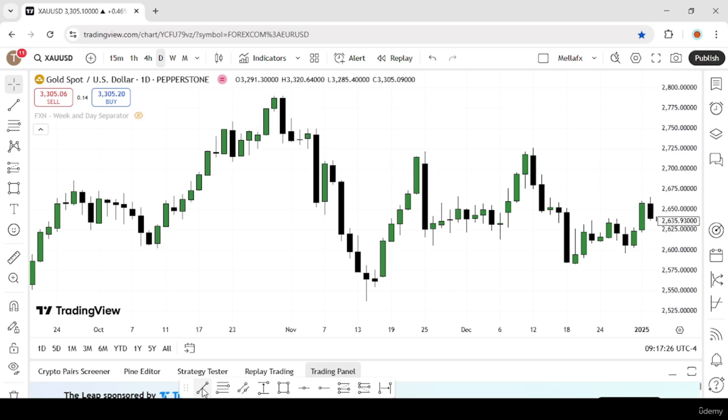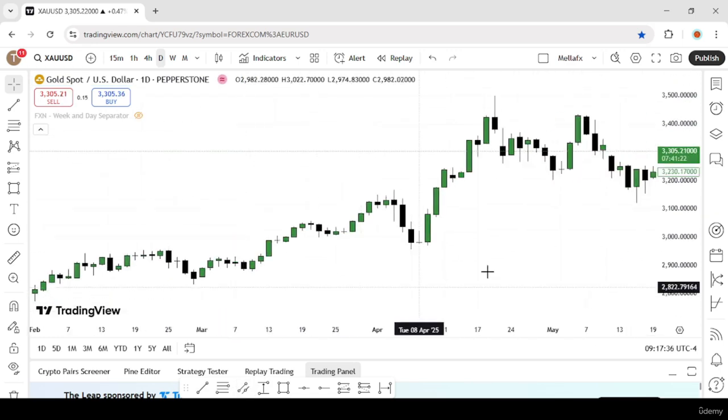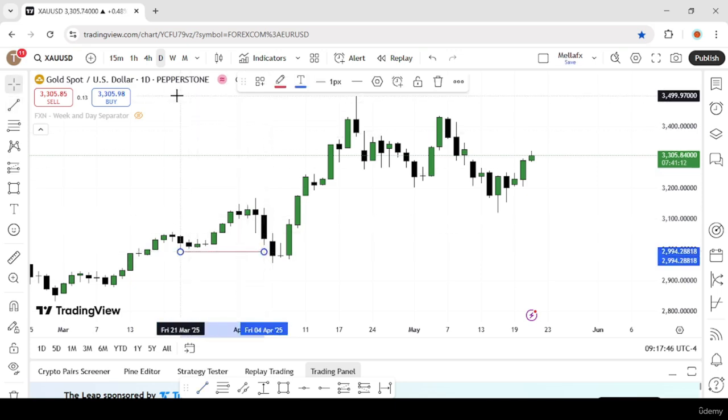So remember, for the breaker we have to have hit a higher time frame PD array. I think I did not show you that in this instance here, but when I was showing you this example, we hit a weekly imbalance.